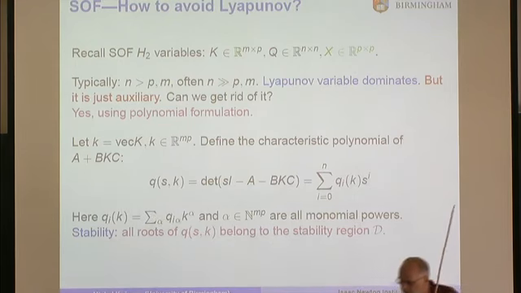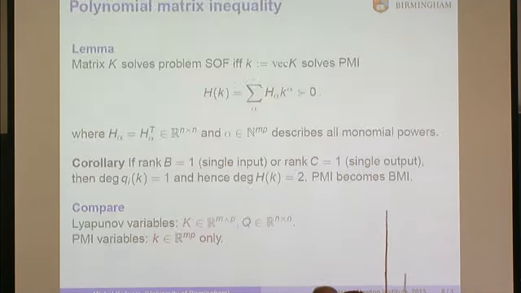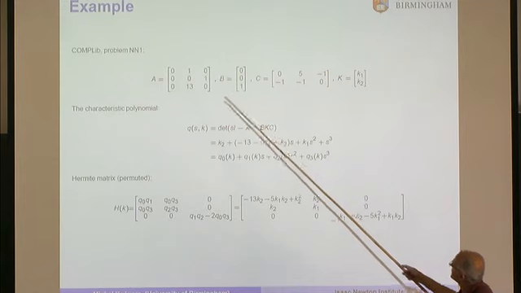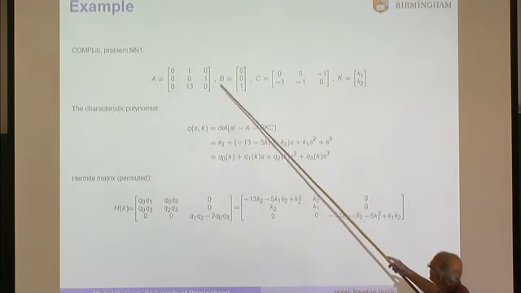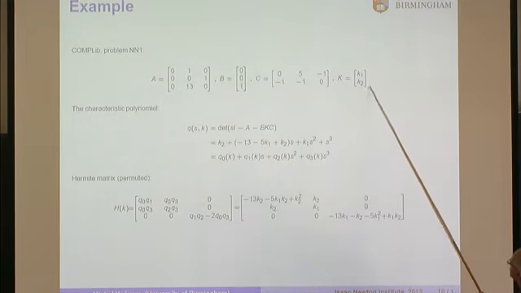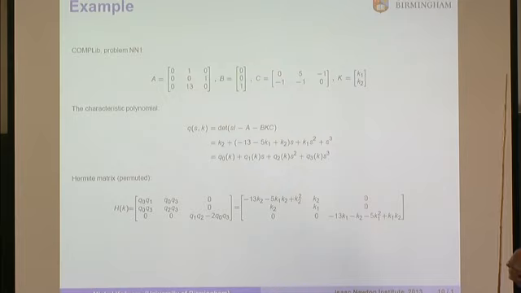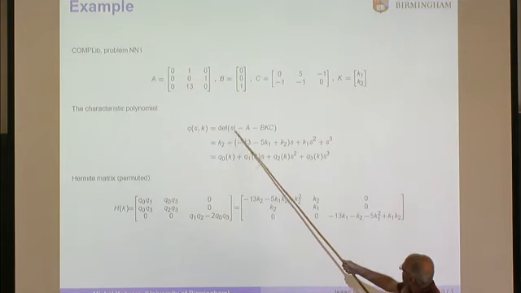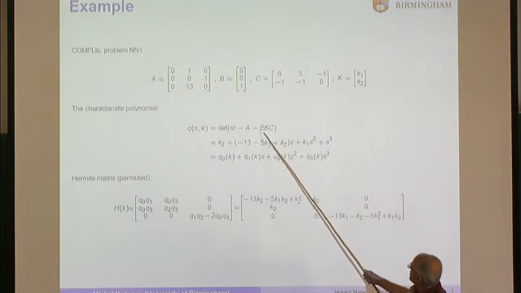Let me show you an example. I hope it's not too small. For such a small problem, we have matrices A, B, C. But the variable is K1, K2. Now, this is my determinant of sI minus A minus BKC.